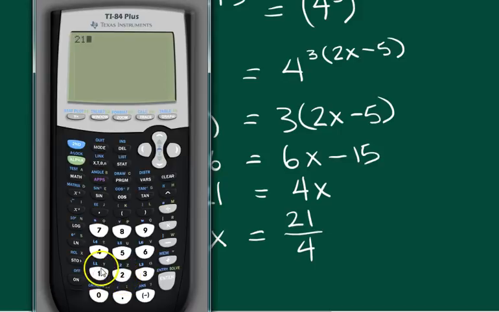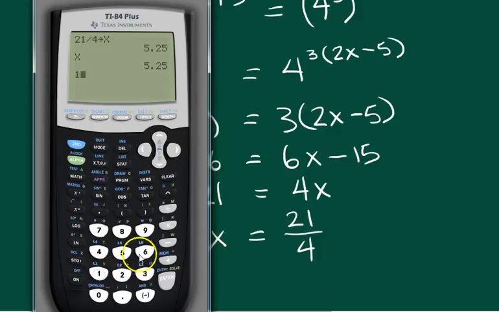So I'm going to take that 21 divided by 4 and store it using this button here in the variable x, like so. So if I forget what x is, I say, yo, what's x? There it is, 5 1/4.